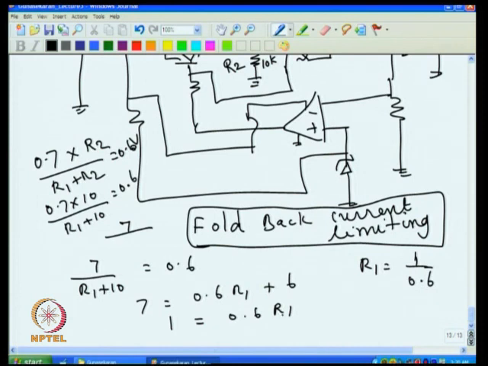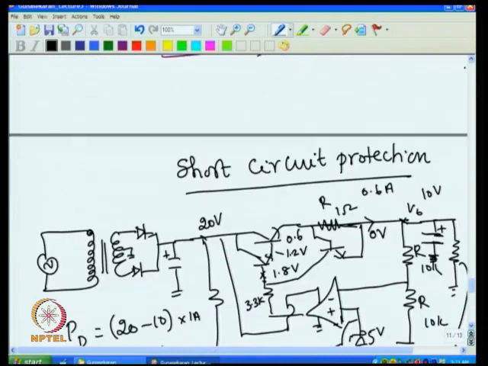0.6 R1. So R1 will be 1 by 0.6. That will be 1000 divided by 600, if I take it in ohms, so that actually gives you roughly 0.5 K. So R1 actually comes out to be around 0.5 kilo ohm.